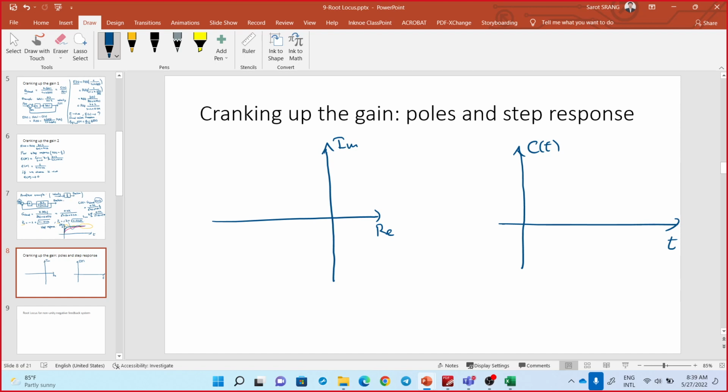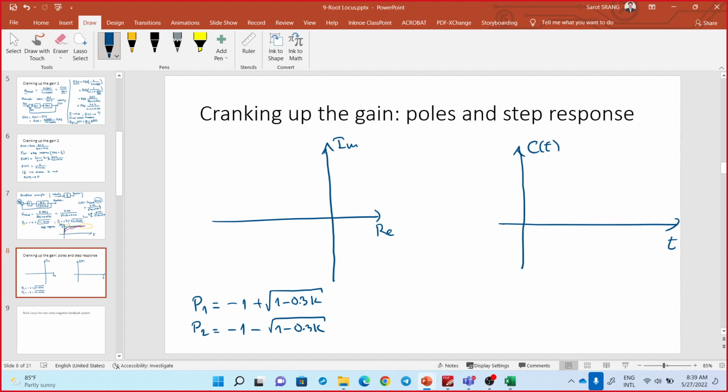Let me recall pole number 1: p1 equals minus 1 plus square root of 1 minus 0.3k, and another one, p2 equals minus 1 minus square root of 1 minus 0.3k.